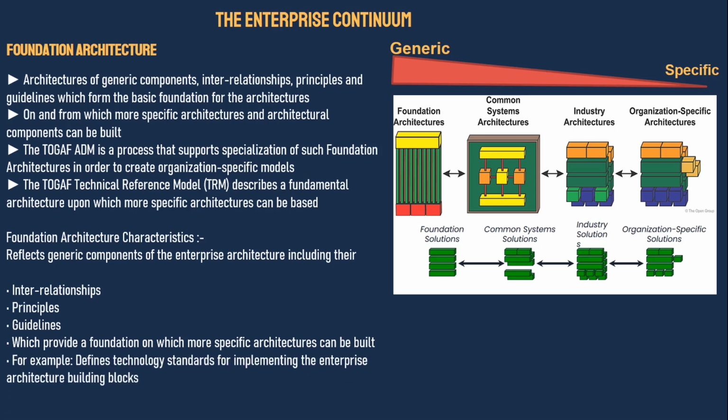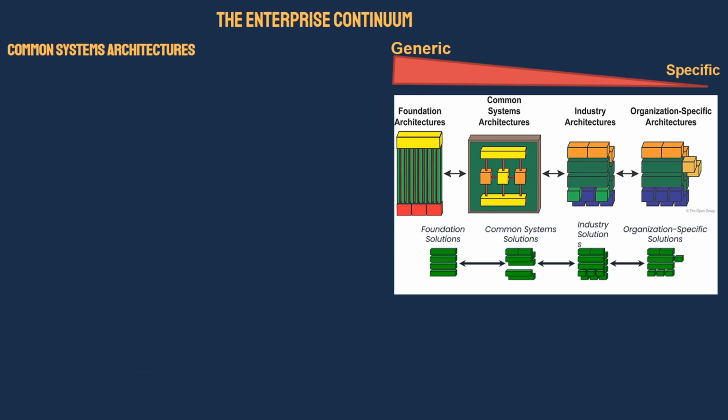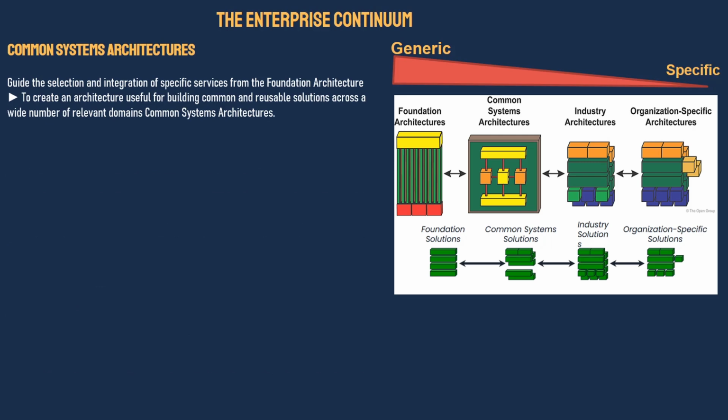For example, define technology standards for implementing the enterprise architecture building blocks. Common systems architecture guides the selection and integration of specific services from the foundation architecture to create an architecture useful for building common and reusable solutions across a wide number of relevant domains.